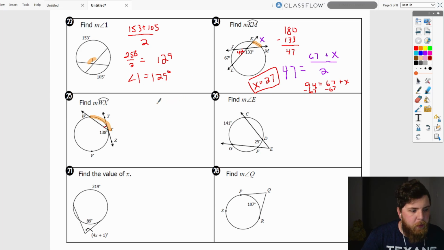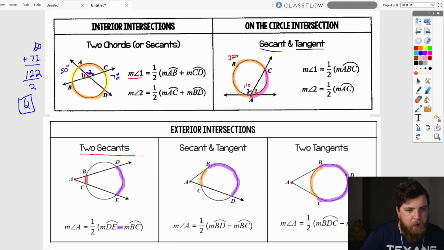Same way we would determine this, right? We take 180 minus 138, okay, which ends up giving us 42. So if this is 42, we talked about if it intersects here, this measure is going to be twice what the angle is. Like if this was 110, this would be 220.